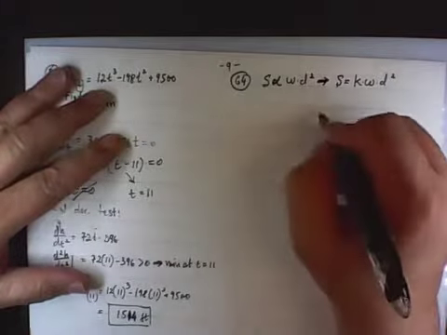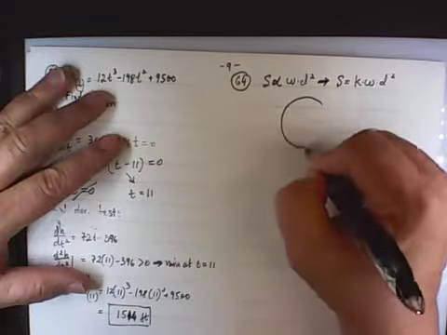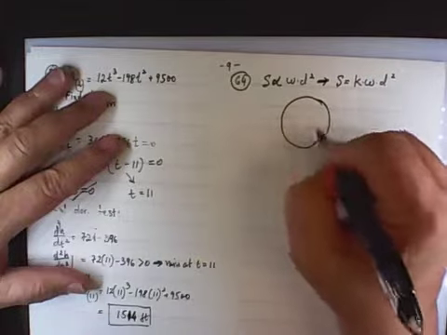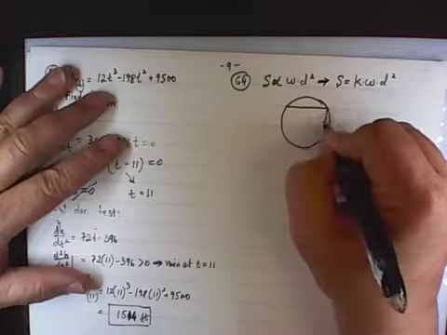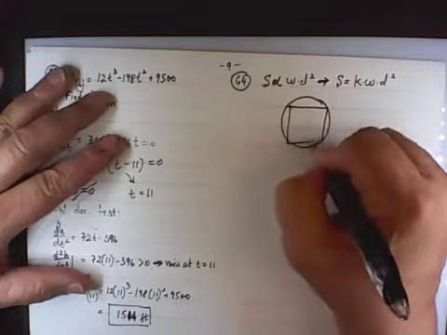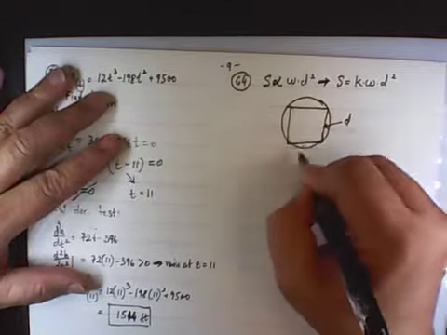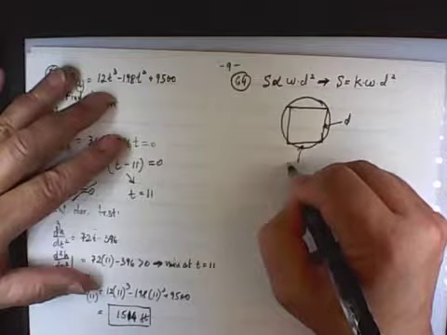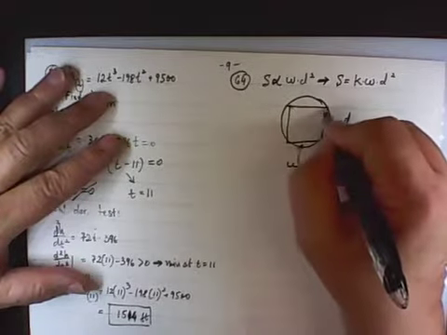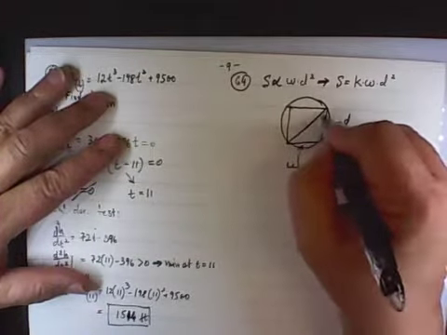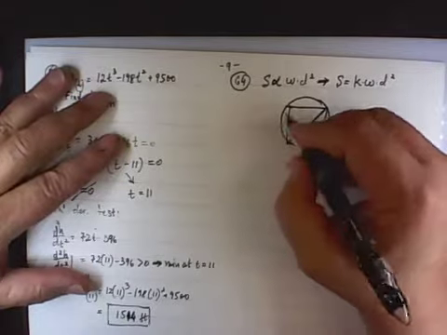Let's draw the picture a little bit. So this is D, this is W, this is the diameter, so what do we call it?